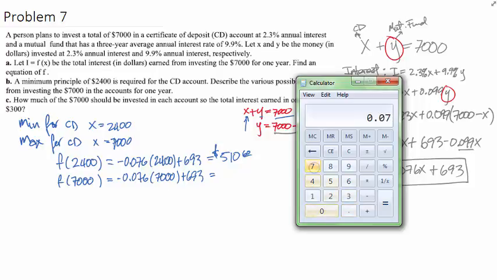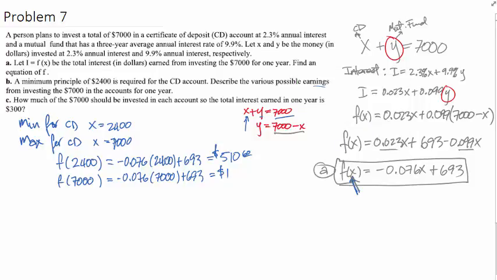We have negative 0.076 times 7,000 plus 693. By the way, the calculator knows the order of operations, so it does the multiplication first before the addition. If at any point you're unsure, make sure you use parentheses. It's $161.